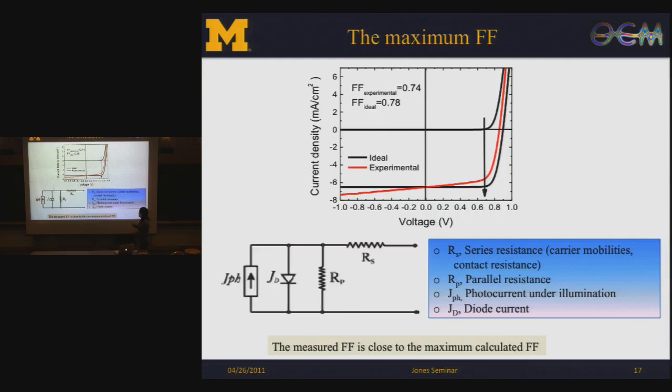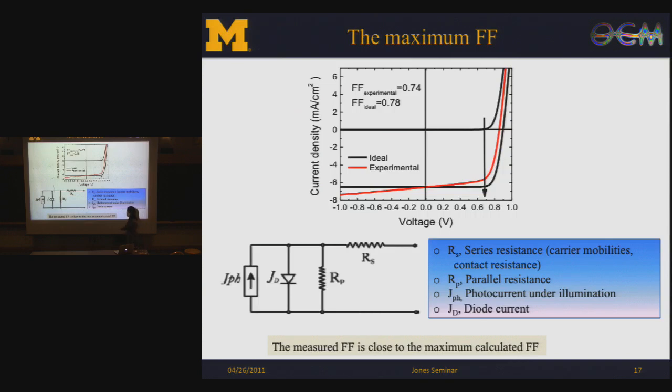Before we do this, let me introduce a brief circuit of a solar cell. We can regard a solar cell as a stable photocurrent source in parallel with a diode. And this diode is connected with two resistors, a series resistance and a parallel resistance.